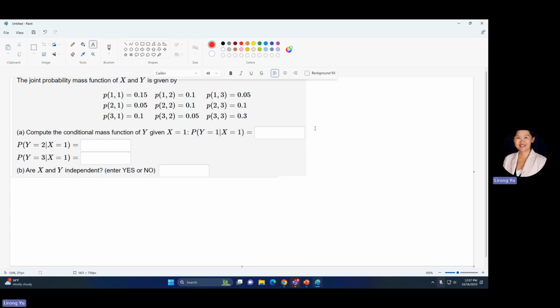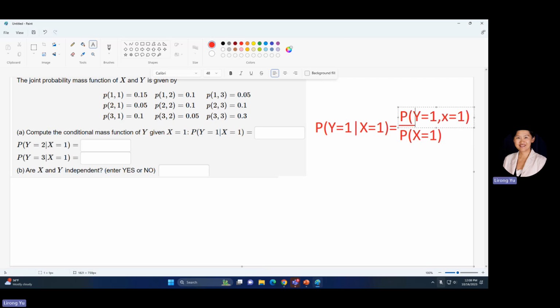All right, so let's figure out how we answer the conditional probability. You have to remember what the conditional probability is. It should be calculated as y equals 1, given that x equals 1. So how do we answer conditional probability? The condition should be in the denominator, and the numerator should be the joint probability, y equals 1 and x equals 1.